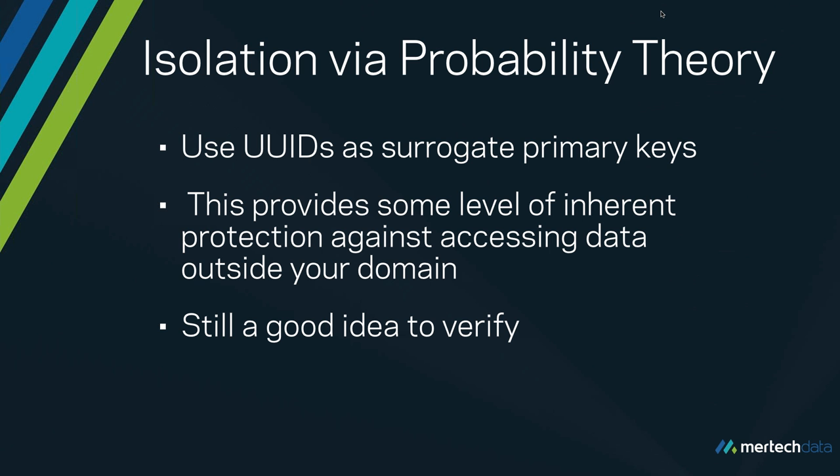Any single attempt is only going to have 40 quadrillionths of a percent chance of finding a collision from an ID they're generating to an ID that you have in your database. When we're dealing with numbers that small, we're effectively removing any possibility that someone is going to be able to access another valid record in your system.